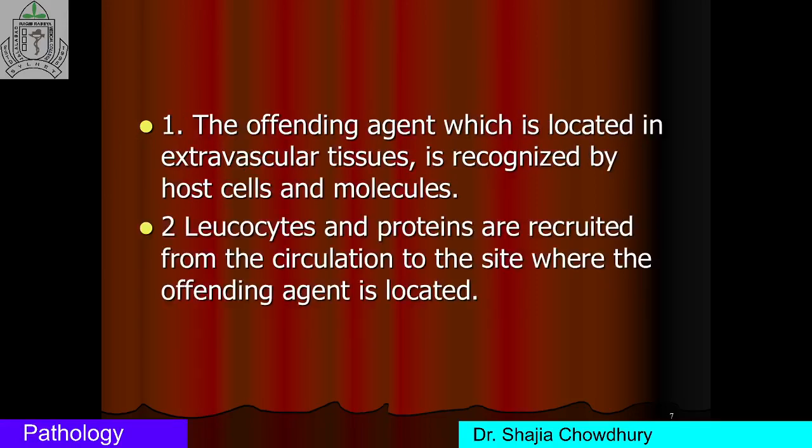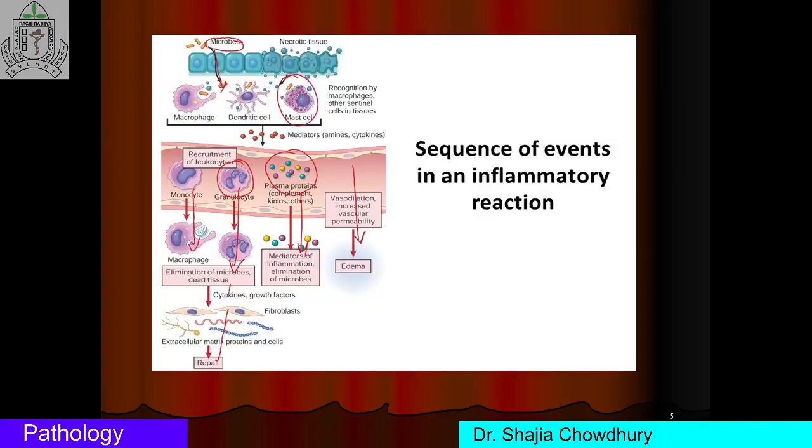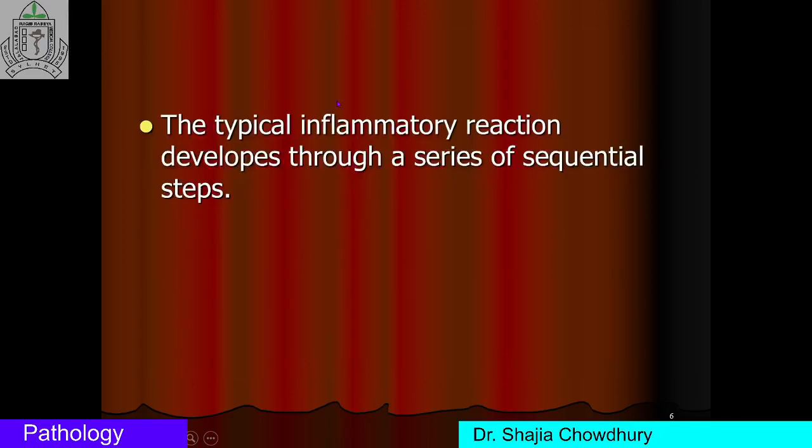The first important step is the offending agent, which is located in the extravascular tissue and recognized by host cells and molecules. This is the blood vessel and this is extracellular space, and the offending agent, that is bacteria or virus, is located outside the blood vessel in the extracellular space, and these are recognized by macrophage and other cells. This is the first step of inflammation.